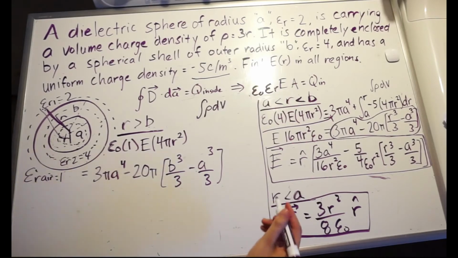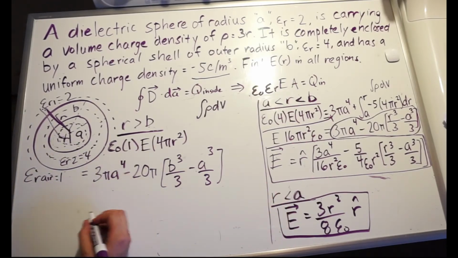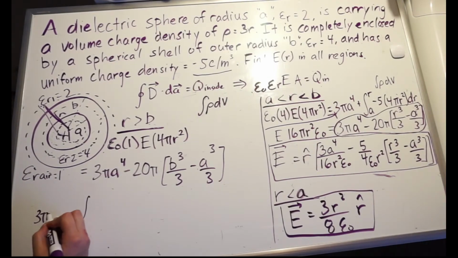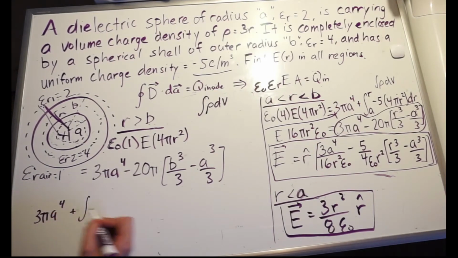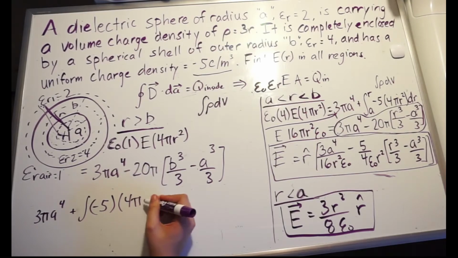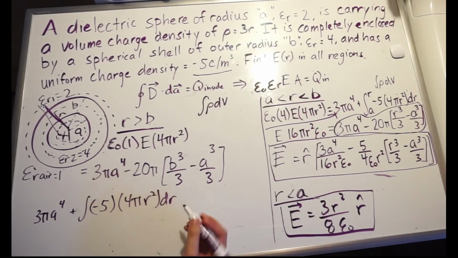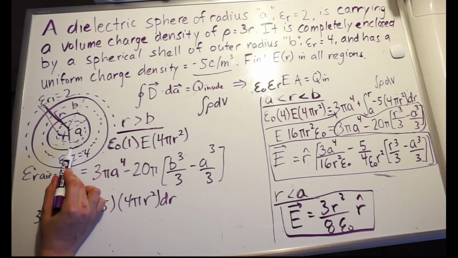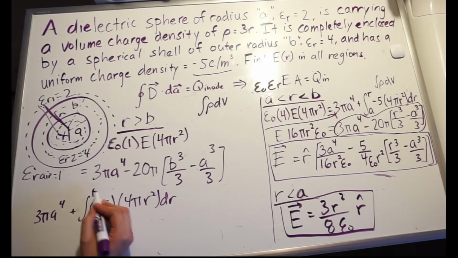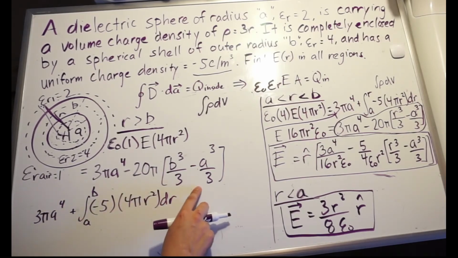And if you don't believe me, you can do the integral if you'd like. The integral is, remember, just rho dV, so it would be 3 pi a to the 4 plus negative 5, which is rho, and dV is 4 pi r squared dr, and you're trying to find the charge from A to B, and it'll just give you this.